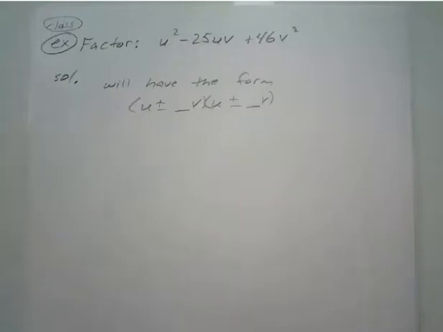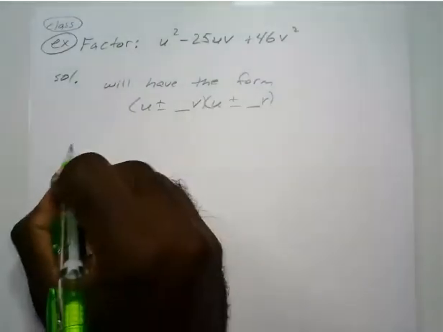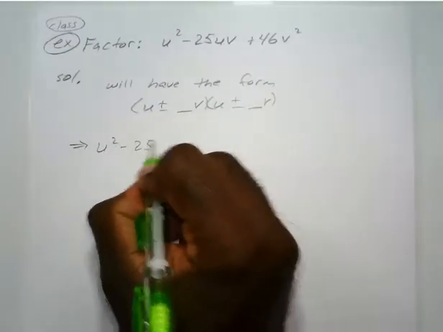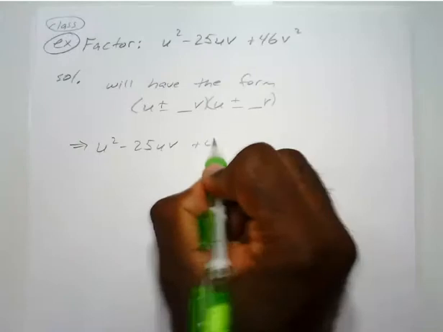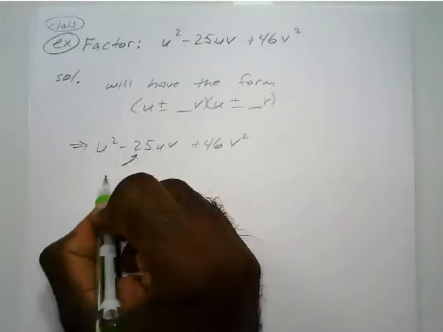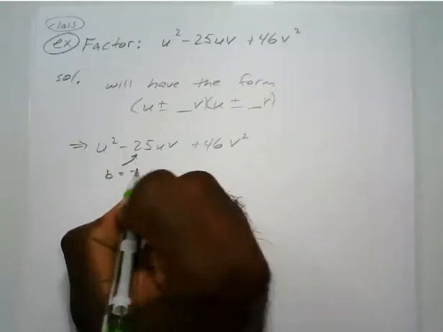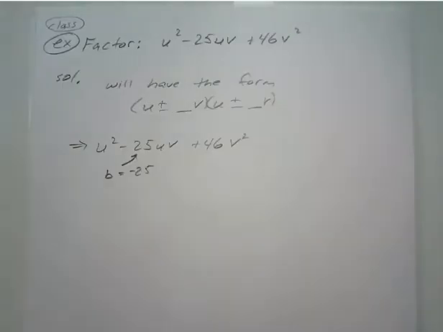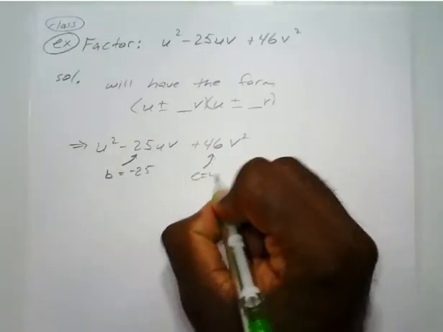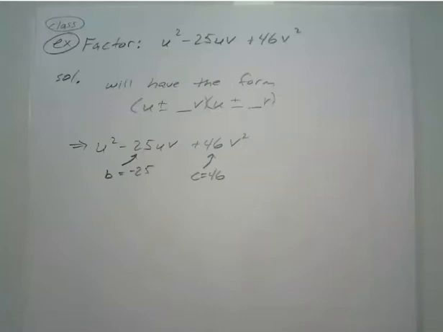Alright, so I'm going to go ahead and rewrite it: u squared minus 25uv plus 46v squared. Okay, so we know that our b is equal to negative 25, and our c is equal to 46.